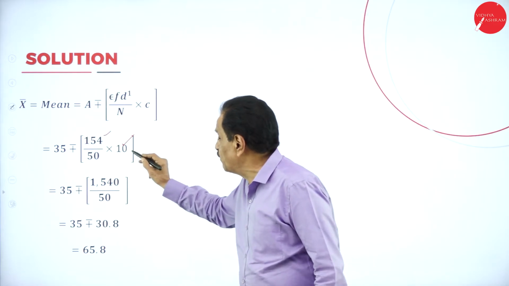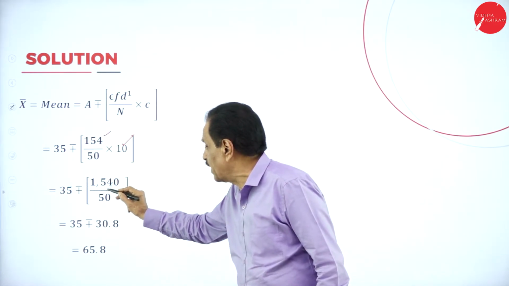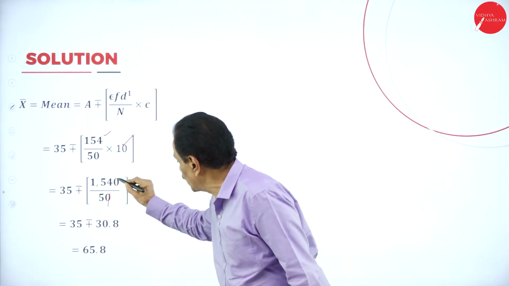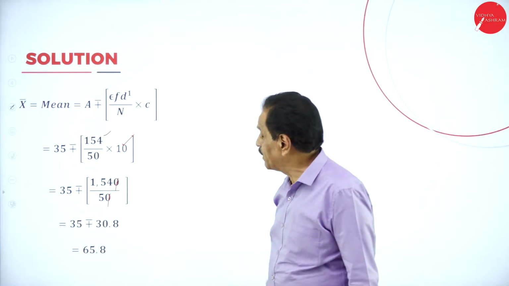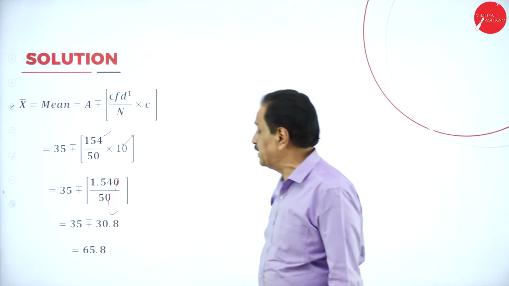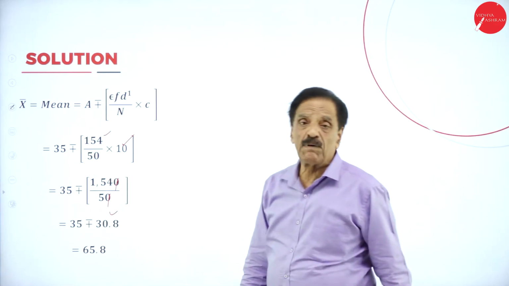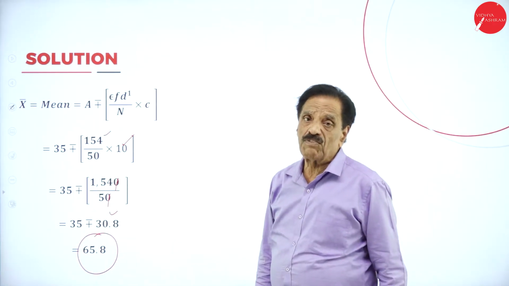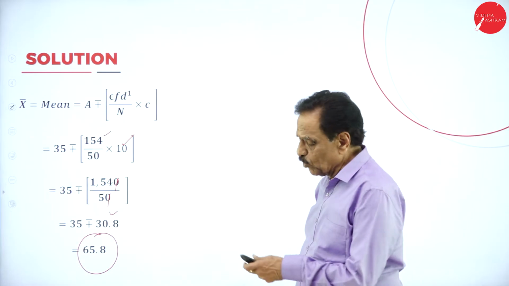Multiply 154 into 10 is 1540 divided by 50. Cancel the 0, 154 divided by 5 is 30.8. Add the figure. 30.8 plus 35 is 65.8. That goes in favor of mean. Then we'll move on.